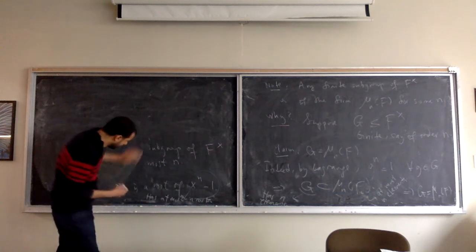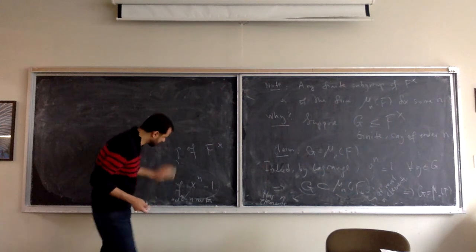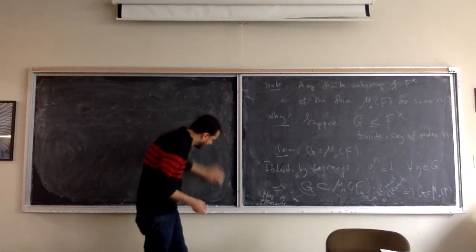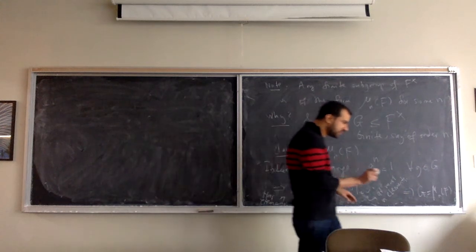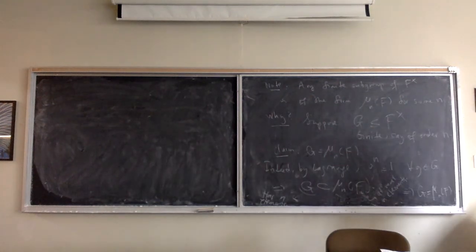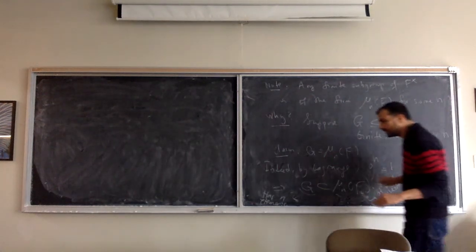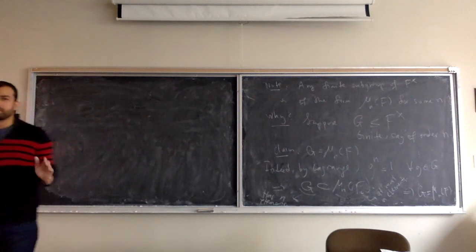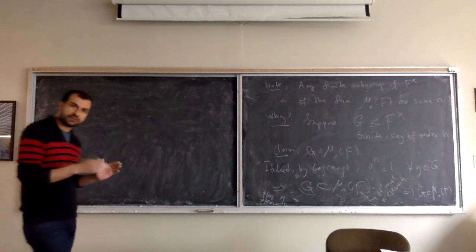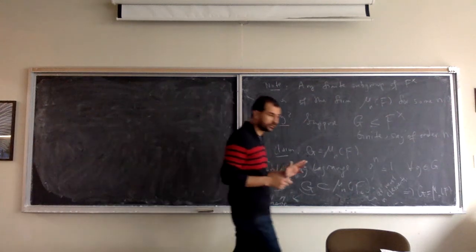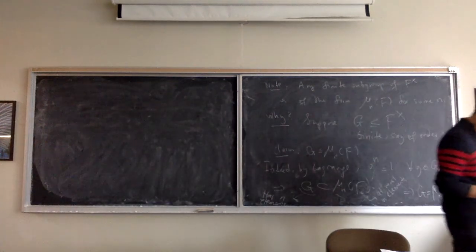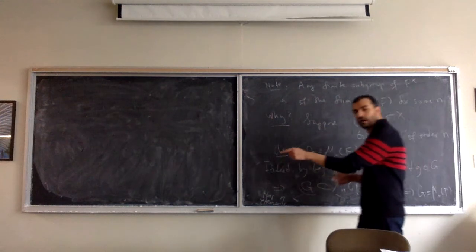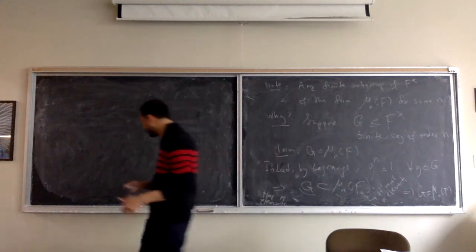Before I state the theorem, let me remind you something about mu n in C. The group of nth roots of unity in C has order n, and it's a very special type of group. It's a cyclic group, right? That's very important. It's generated by e to the power of 2 pi i over n.